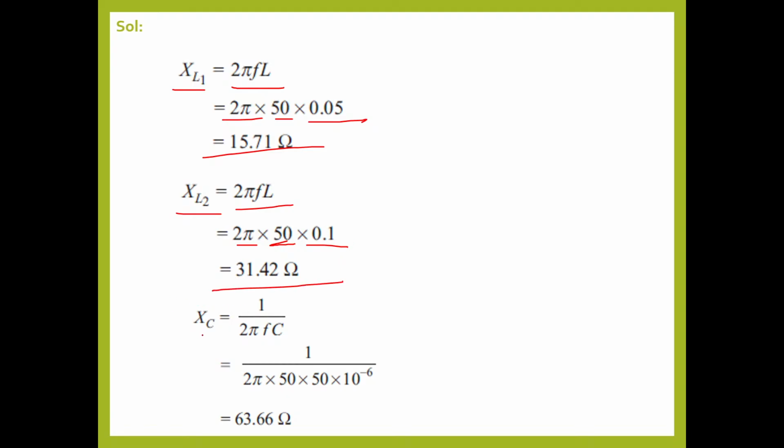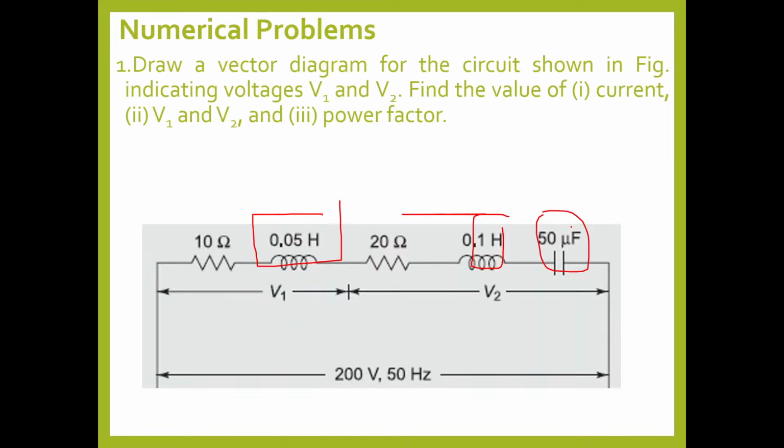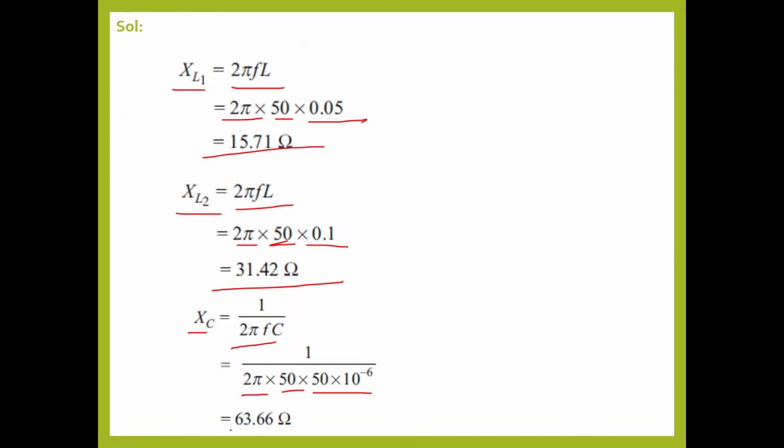Similarly, for the capacitor, X is equal to 1 by 2 pi f C, so 2 pi into 50, and C is 50 microfarad, so 50 into 10 to the power of minus 6. So you will get the capacitive reactance.